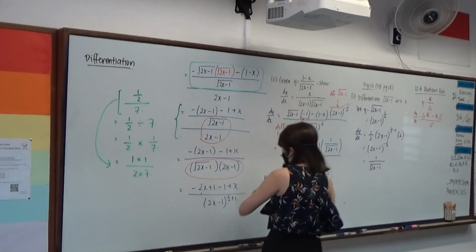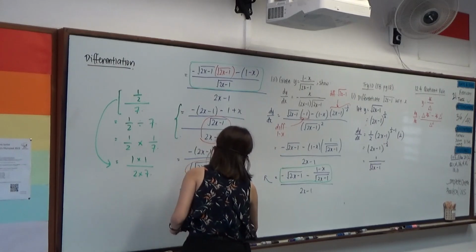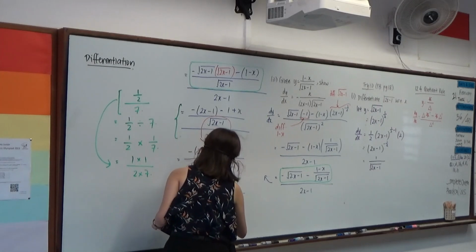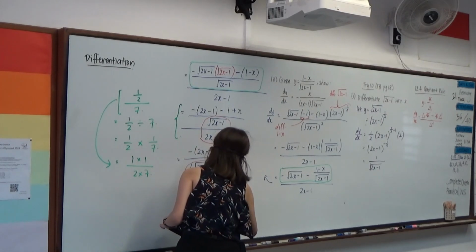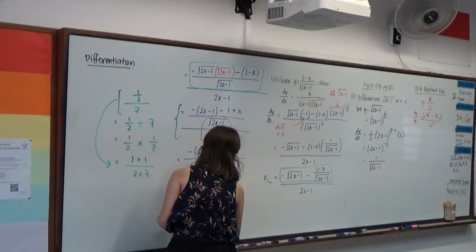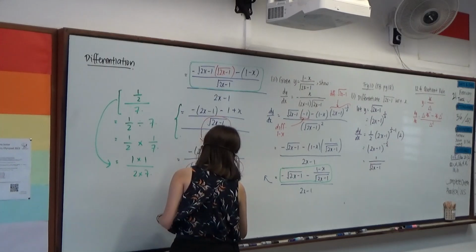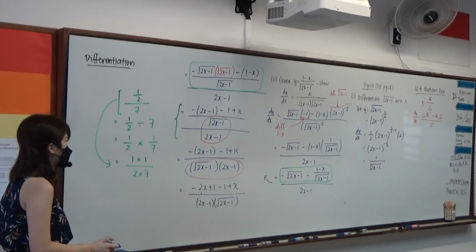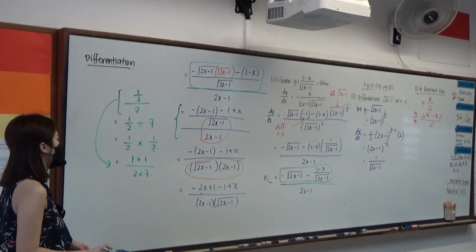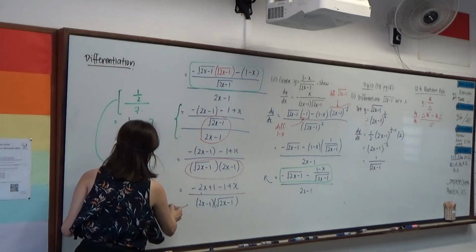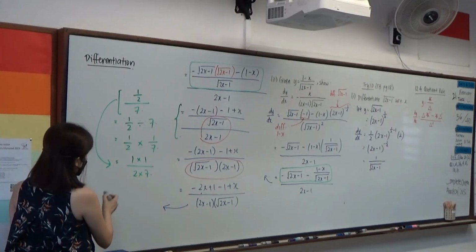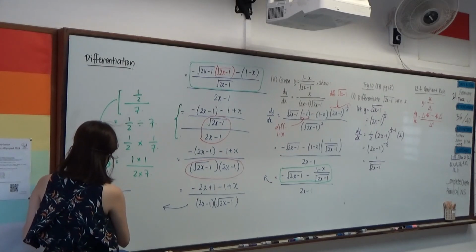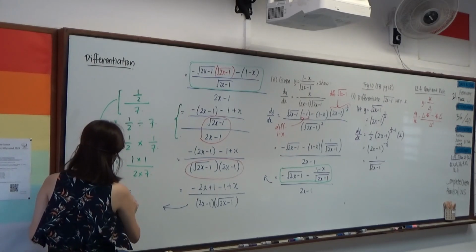Because this is our objective. Okay, then we arrive at our final answer, which is negative x over 2x minus 1 square root 2x minus 1.